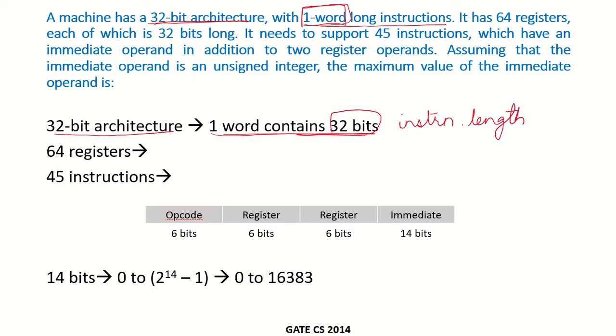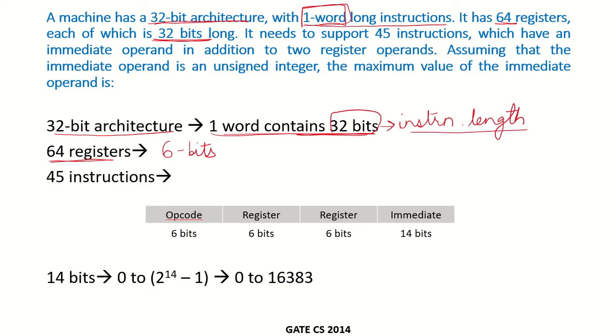From this sentence alone we can infer that. It has 64 registers, so 6 bits are required to encode each register, because we take log of 64 to the base 2. Each of which is 32 bits long.